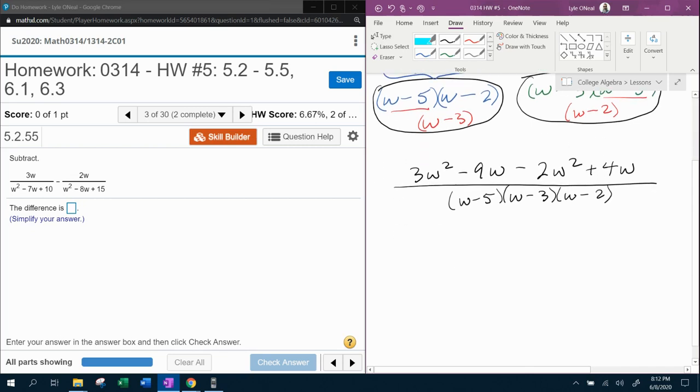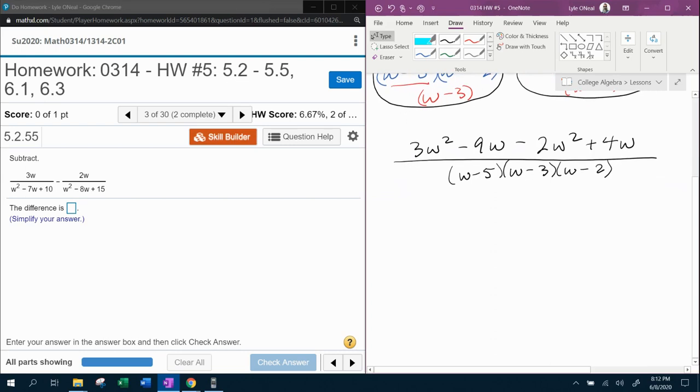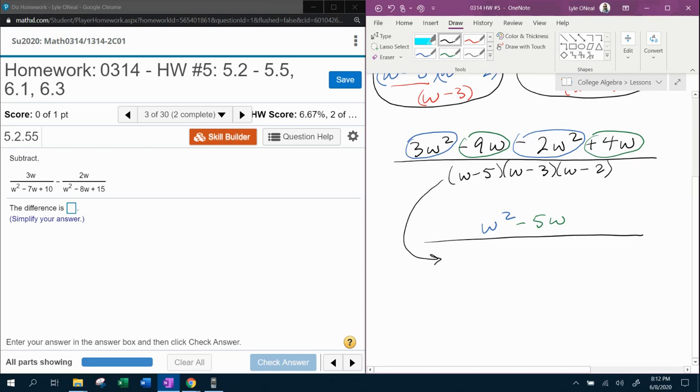And now that we have the numerator all multiplied out, we can combine like terms, okay? 3W squared minus 2W squared, that's just going to be W squared. -9W plus 4W, that's a -5W, all over the common denominator, which I'm too lazy to write. So just copy and paste all of that stuff down here, okay? And that should be done.